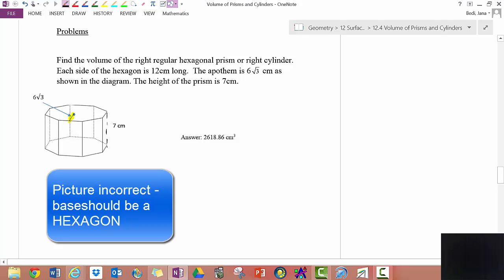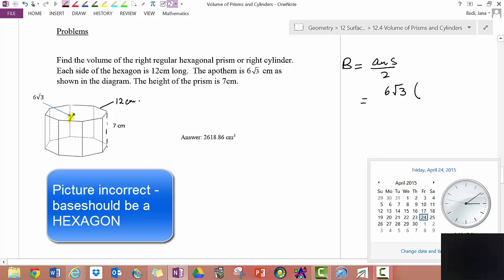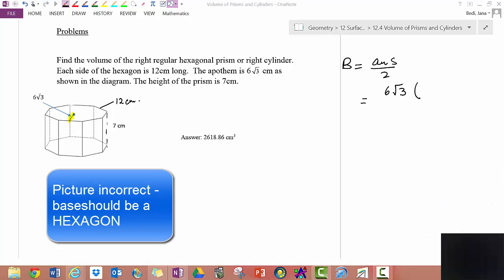So what you want to do is to find the area of the base. That's a regular polygon, and you're told this is 12 centimeters. So they've given you everything. So it's 6 root 3 times the number of sides, the hexagon is 6 sides.